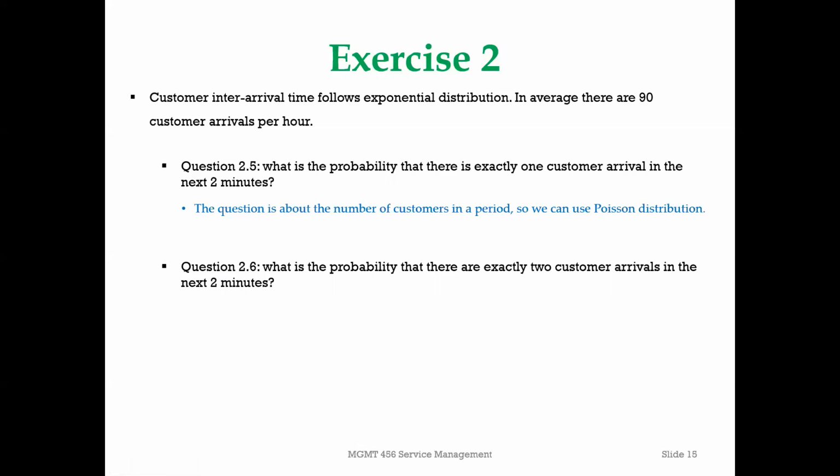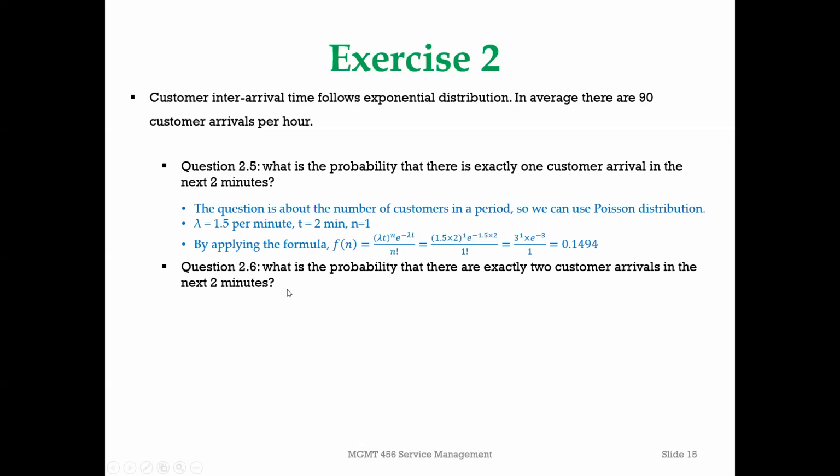Lambda is equal to 1.5 per minute, t is 2 minutes, and n is 1, one customer arrival. So we have lambda, t, and n. We apply the formula, plug in all the values, do the math, and we get 0.1494. In other words, there's close to a 15% probability that there will be exactly one customer arrival in the next 2 minutes.